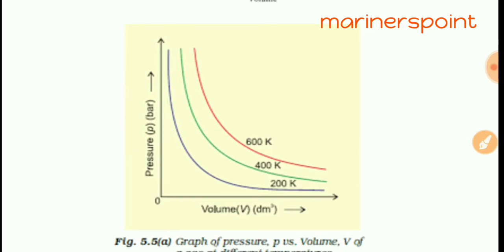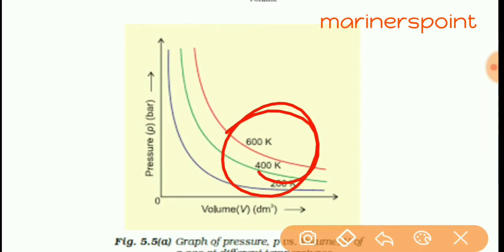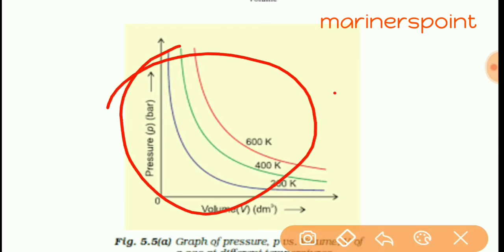A question may be that a graph is given and you have to identify which temperature it follows, or the Boyle's law graphs are given and you have to identify the temperature. With an increase in temperature, the relation of Boyle's law is given.